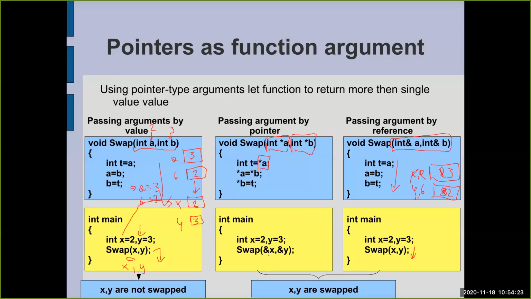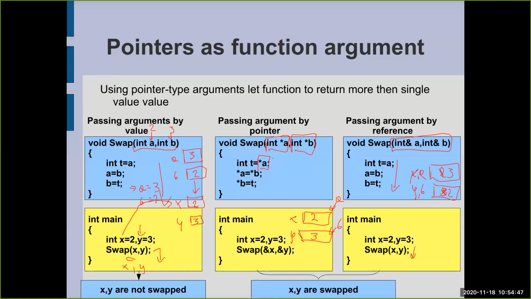So look, what's going on here? I have x. Okay, so x is, let's say, 2, and y is 3. And I have 2 pointers. The pointer a points to x, and the pointer b points to y.